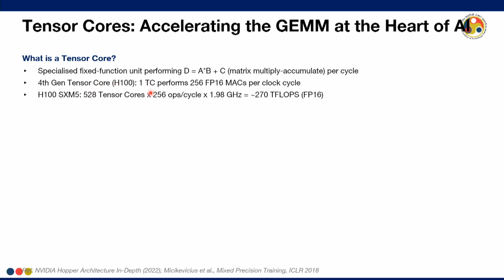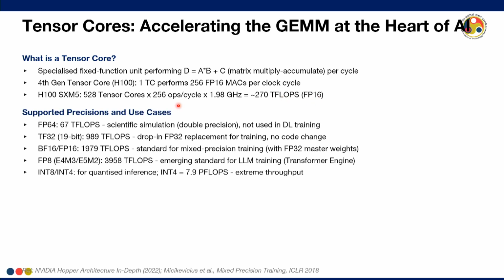And what kind of peak performance can we get? It is around 528 tensor cores into 256 operations per cycle, that is these floating point 16 operations, into the clock speed of around, let's say, 1.98 gigahertz. So essentially you are getting around 270 teraflops peak performance in FP16. If you reduce the precision of the data type, you will get further improvement in the teraflops performance, and so on and so forth.